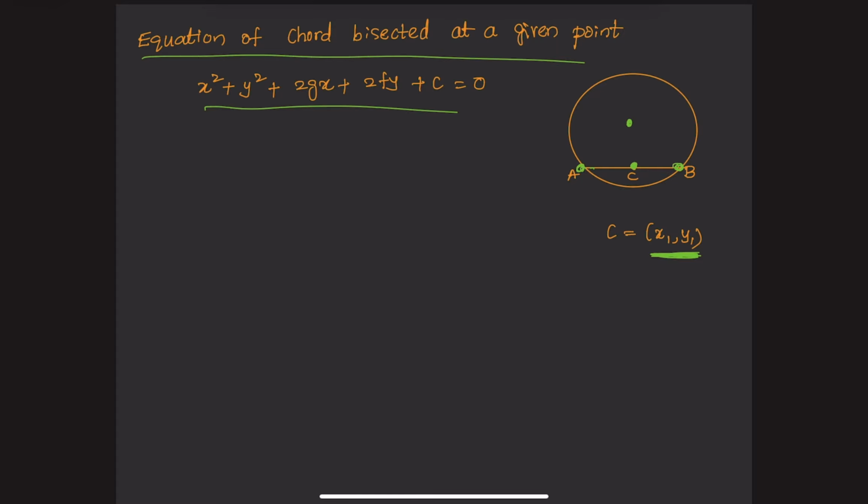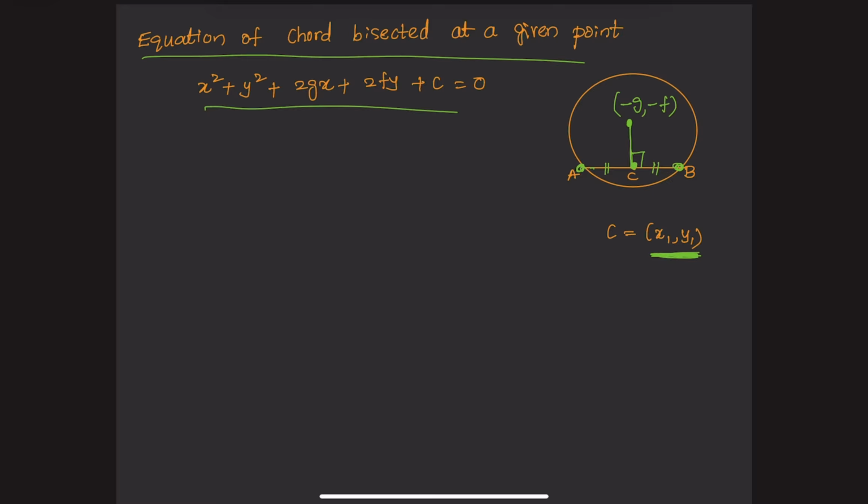Let the center be minus g comma minus f. Alright. If you join the center and the midpoint of the chord, the angle will be 90 degrees and these two lengths will be equal. So this is a basic fact from high school which you should know.